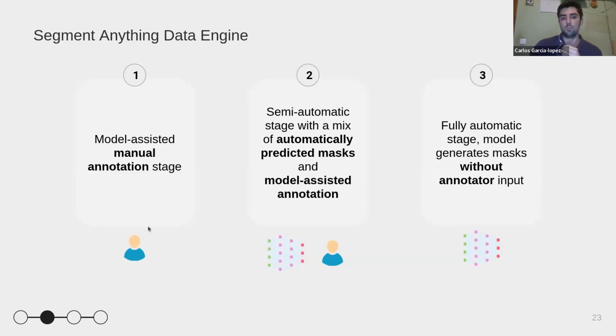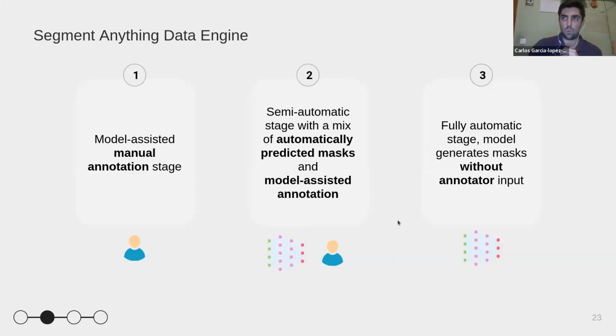Then the model that they trained was used to create more masks, and these masks were reviewed by the same human annotators, creating a bigger data set. This is a semi-automatic stage, so it's faster.